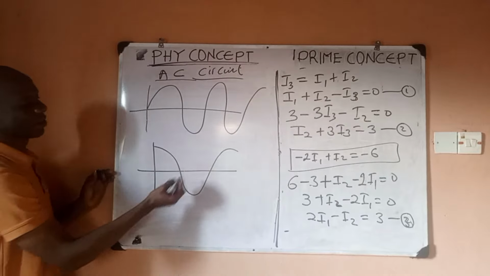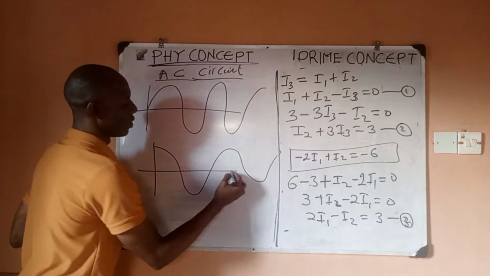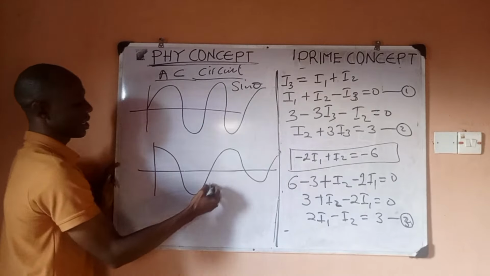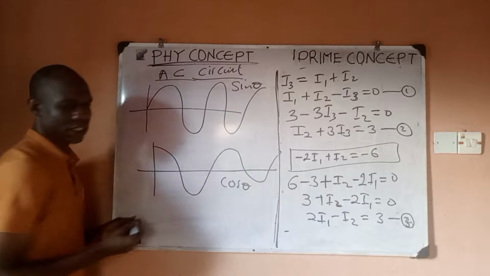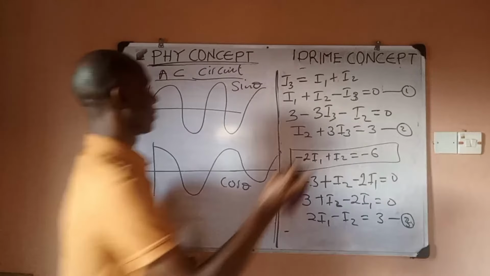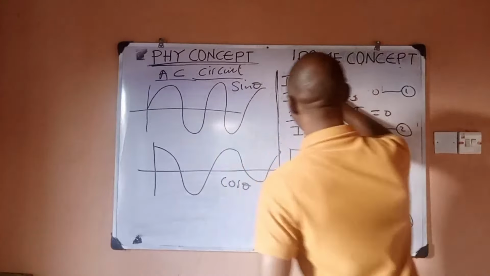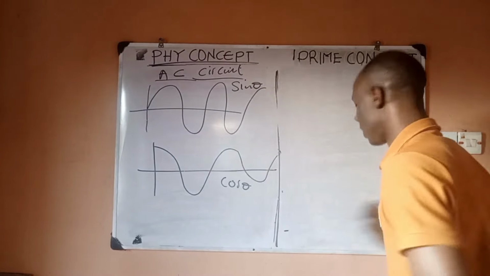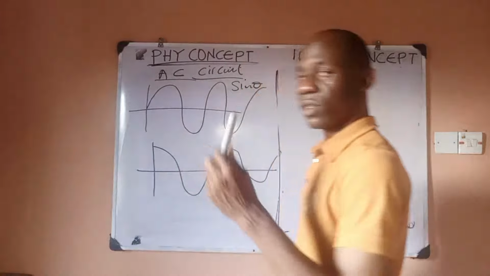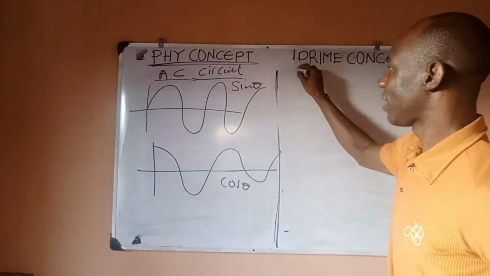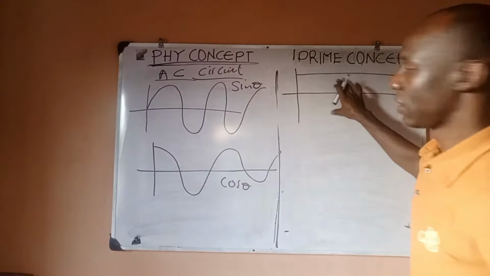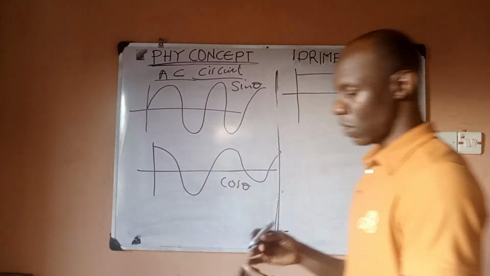Both of them are still sinusoidal. The only difference is that this one represents a sine graph, while this one represents a cosine graph. Even though I didn't mention it for DC, the graph for a DC is constant, a straight line. This is the graph for a DC, constant.